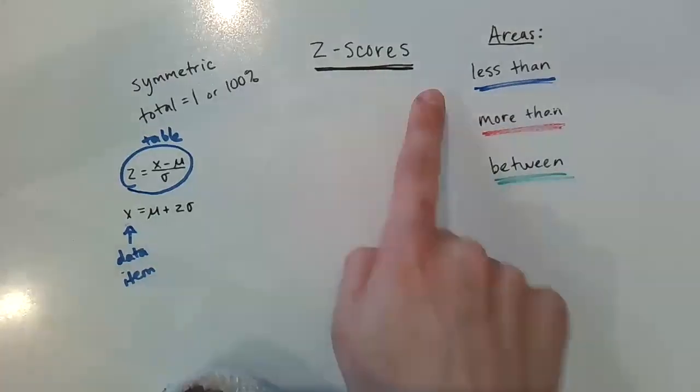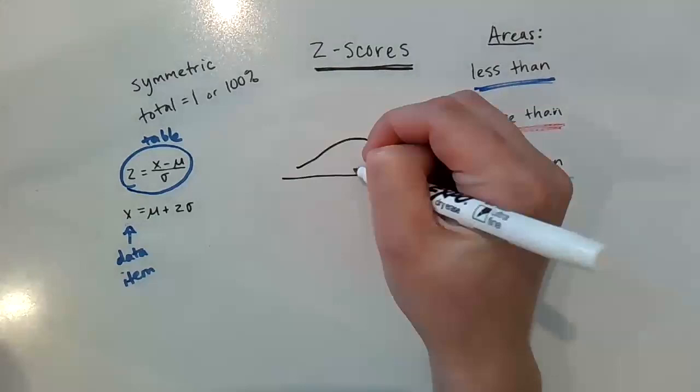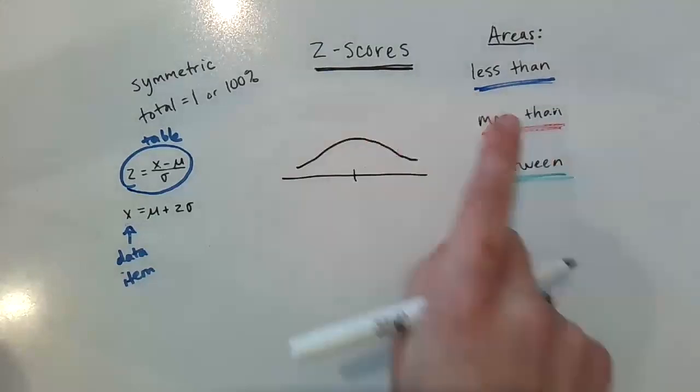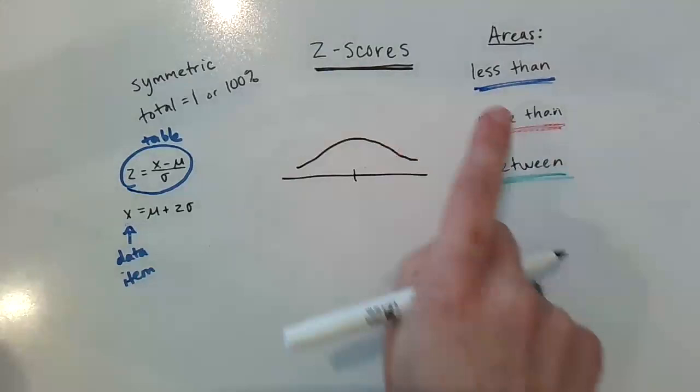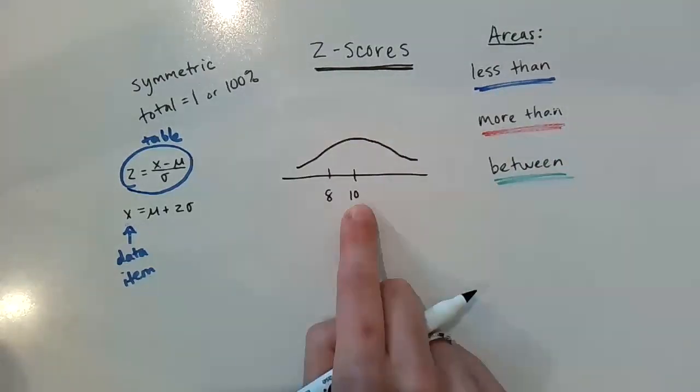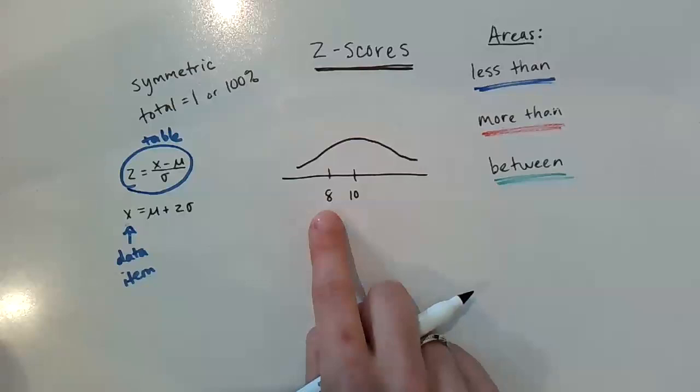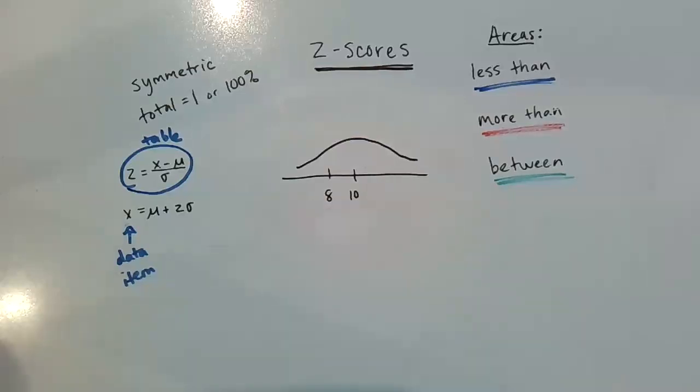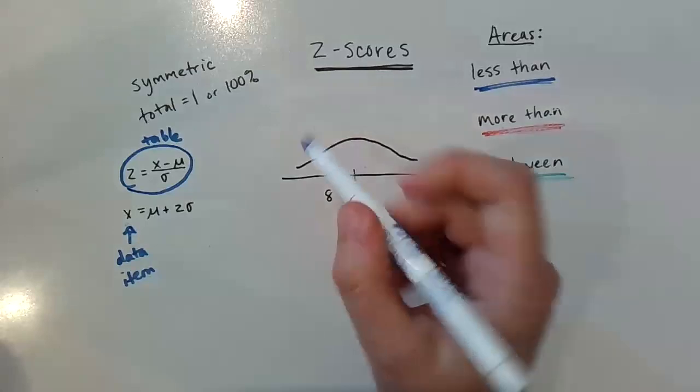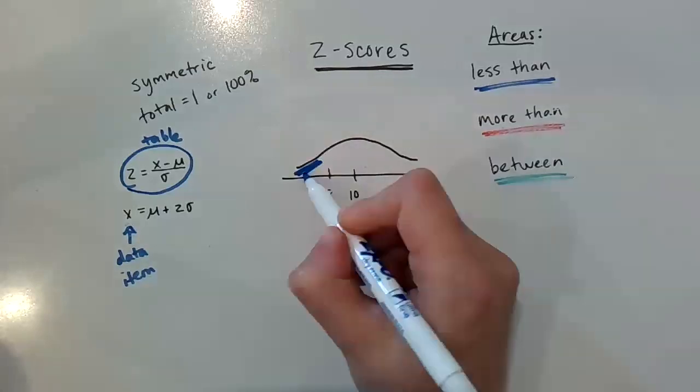So first up is less than, okay? If you are asked to find less than a particular score, so let's say the mean is 10, and let's say your data item is 8, and you are asked to find the area or the probability less than 8. That is going to come straight from your table.